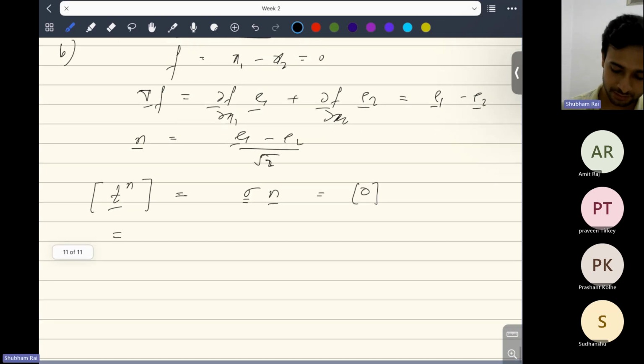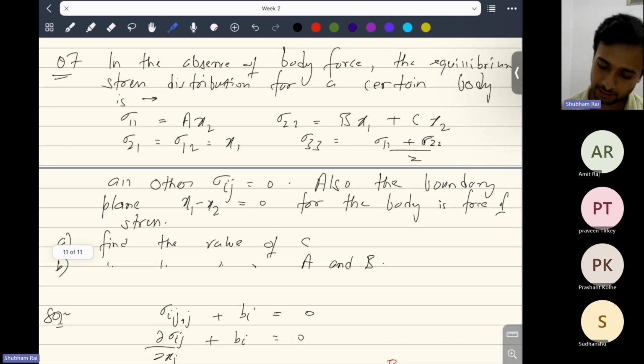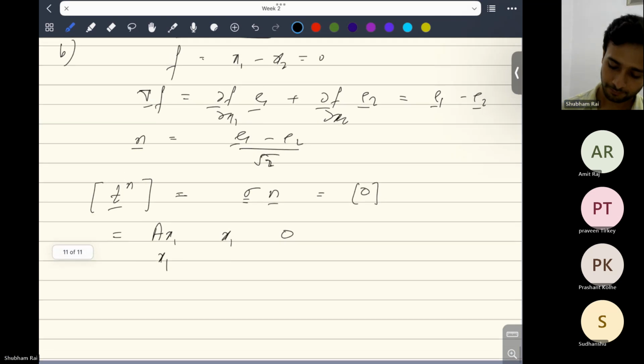So now let's solve this. So sigma is, first, sigma 11, which is a x1, then sigma 12, that is x1, and sigma 13 is 0, and sigma 21 is also x1, and sigma 22. So sigma 22 is b x1 plus c x2, and c is minus 1. So that will be b x1 minus x2. So that's what I'm writing here.